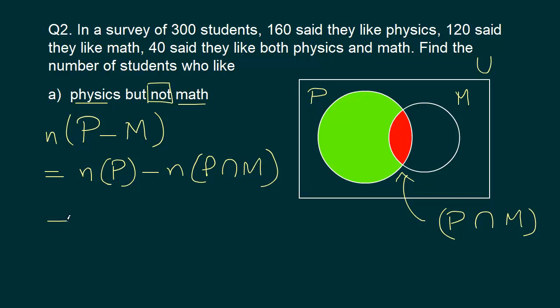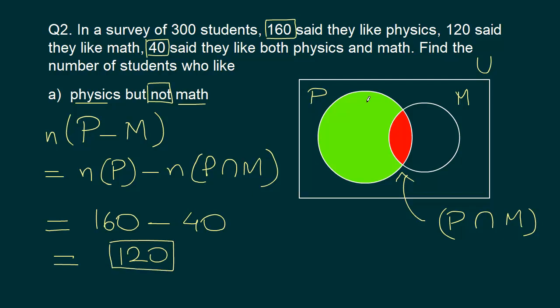So let's do it over here. P is 160, so 160 minus 40, since 40 students like both, is simply 120. So this number here is 120. Physics only, physics not math.